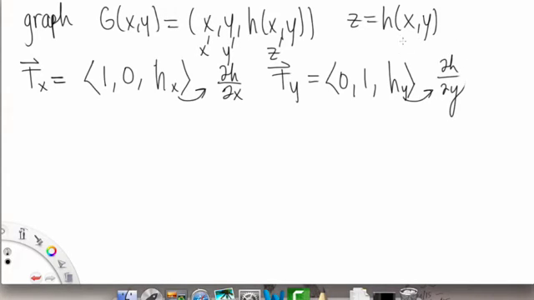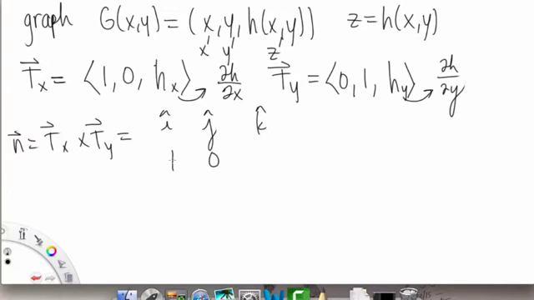Okay. Alright, so in this case, our normal then would be t sub x cross t sub y. And then setting this up, we get i, j, and k. And then we get 1, 0, h sub x, 0, 1, h sub y. And we're going to cross them here.